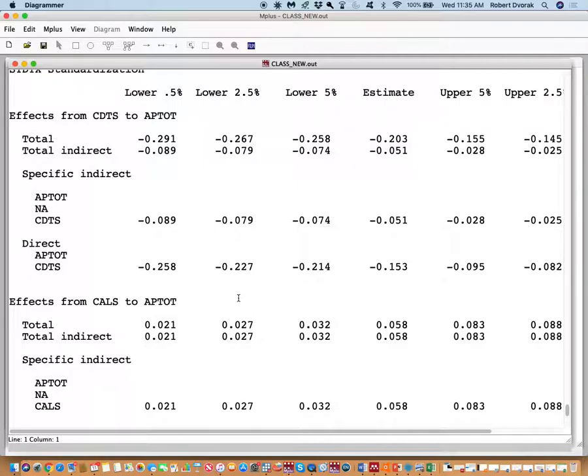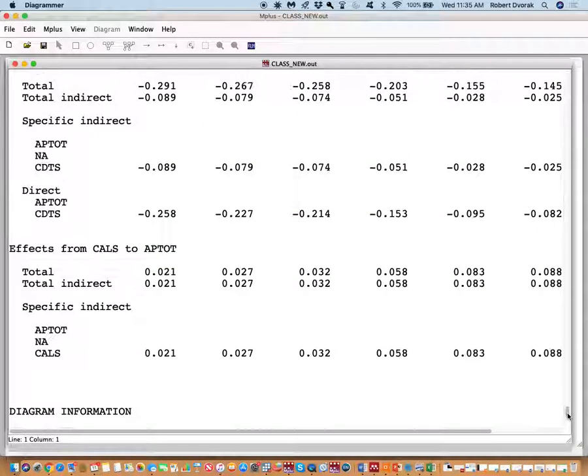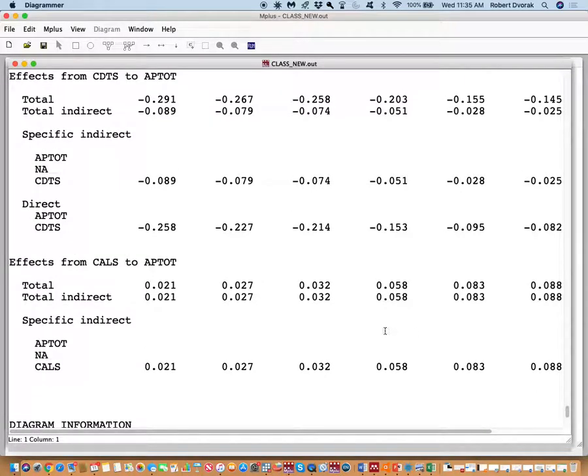As long as they don't include 0, right? Yep. And none of them do. You can see here they're all negative. Those are effects, not confidence intervals. And down here, for applicability to asymptote, they're all positive, right?